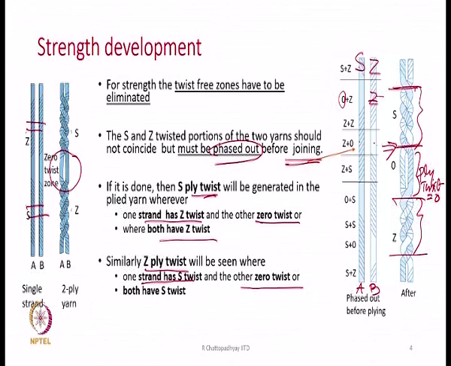So, even though the ply twist is 0 here, because the individual strand is having some twist there, this is not going to be a weak place and the yarn will be able to sustain some load, it will have some strength. So, this is the principle that we have to follow in order to produce such type of yarns.